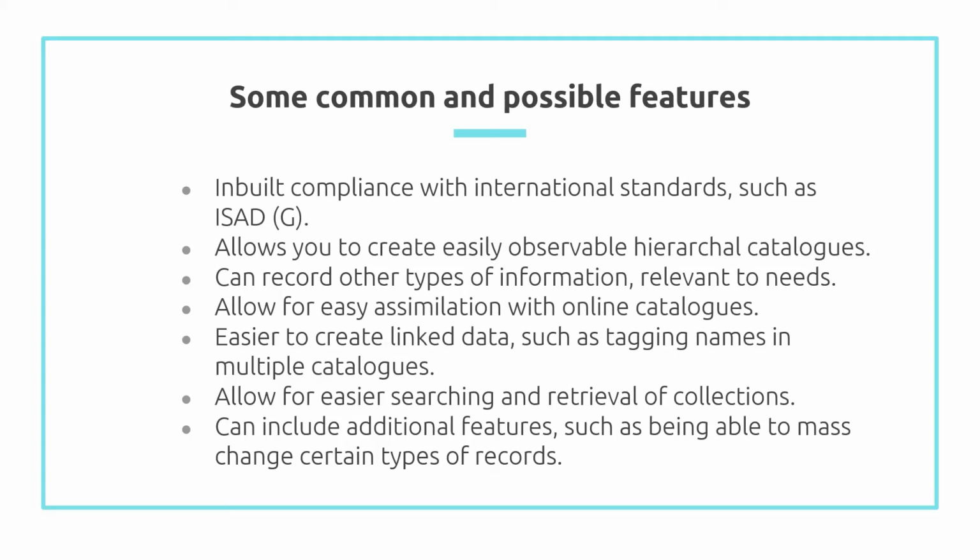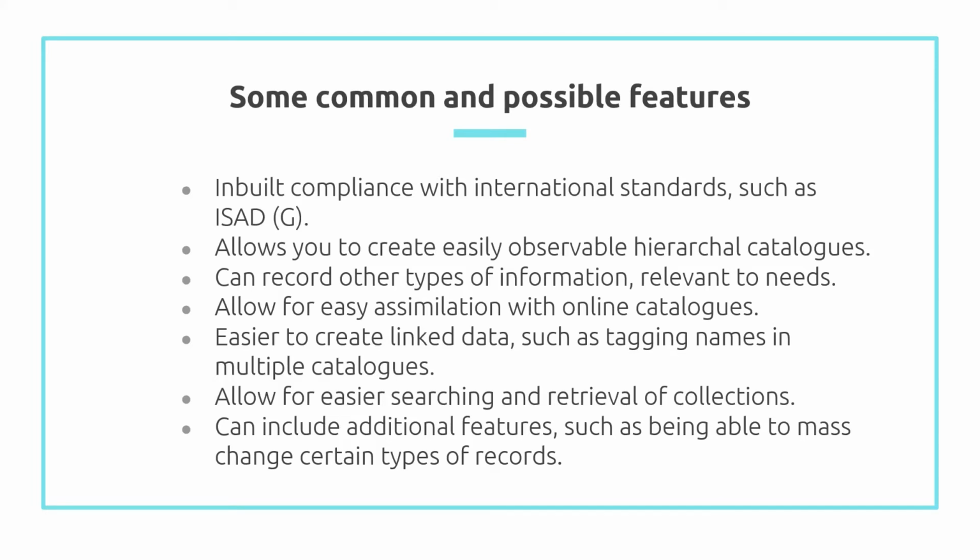I would say that it can often be easier to search and retrieve records as well. Sometimes they'll offer inbuilt features that allow you to search for collections by the level of description, such as fonds level or item level or file level. And this is a really, really big advantage because if you've worked with archival catalogs, you know that they can often include thousands of descriptions, and being able to only search for fonds level or series levels can make your life an awful lot easier.